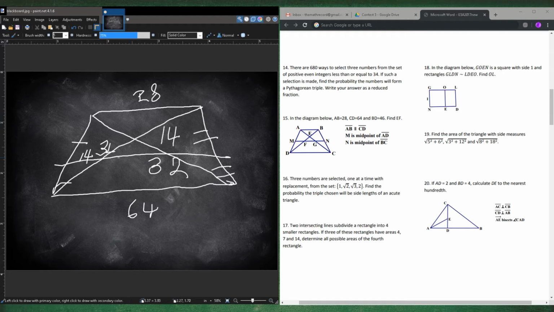So basically this is just half of that angle. I'm just getting as much information as I can because I want to see how this works. So if this is 32, that's 14. That's 46.